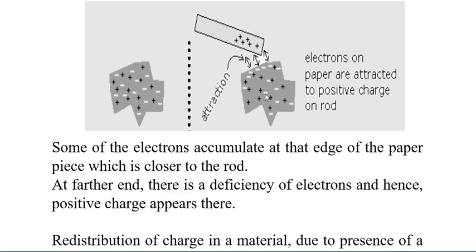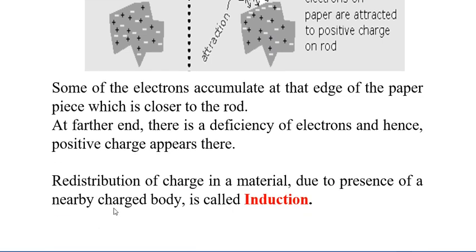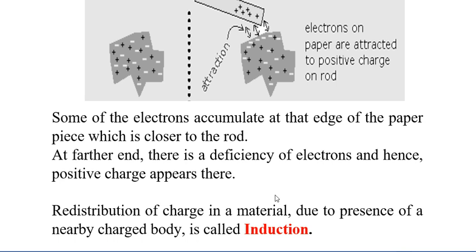So you can see that redistribution of charge in this particular material, that is the paper piece, has happened. So redistribution of charge in a material due to the presence of a nearby charged body is called induction.